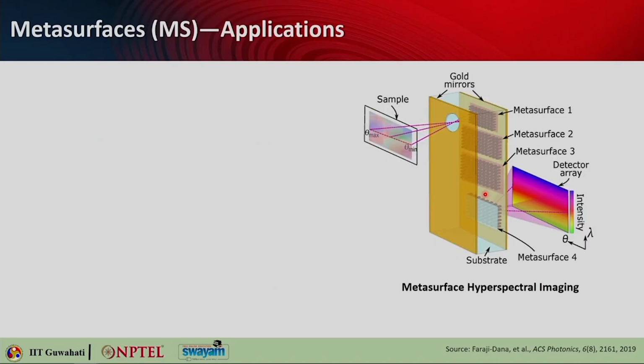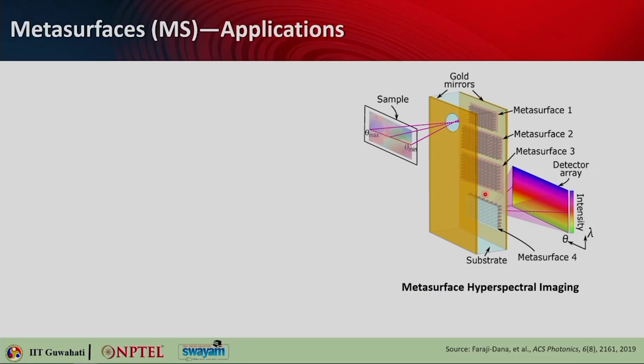The other application can be in meta surface hyperspectral imaging. Now, what is hyperspectral imaging? It is basically a technique that analyzes a wide spectrum of light instead of just assigning the primary colors like red, green and blue to each pixel.